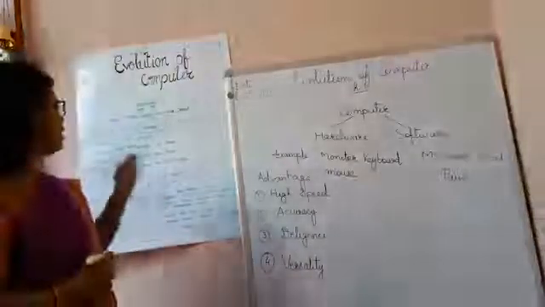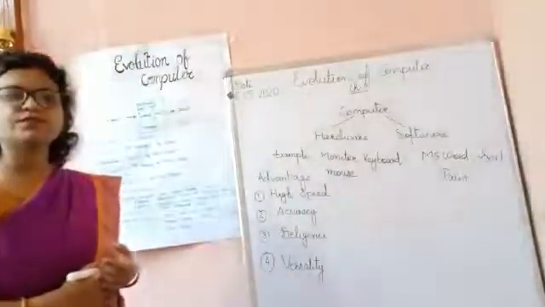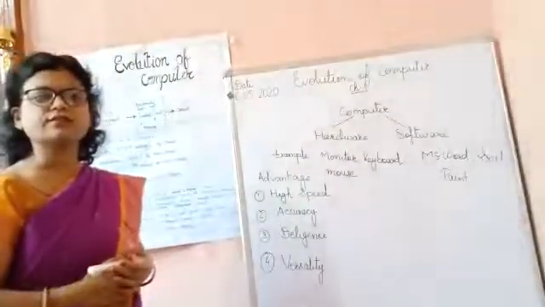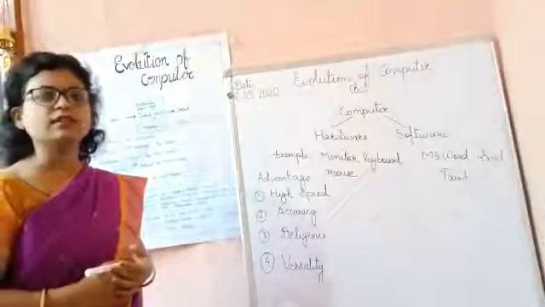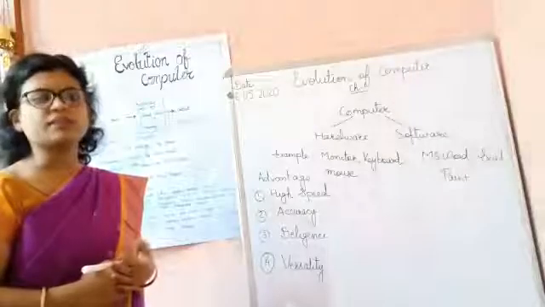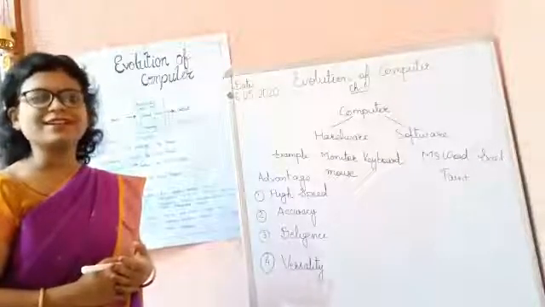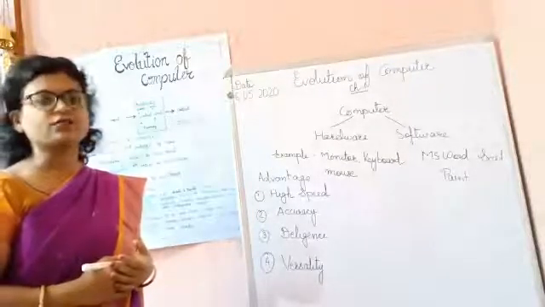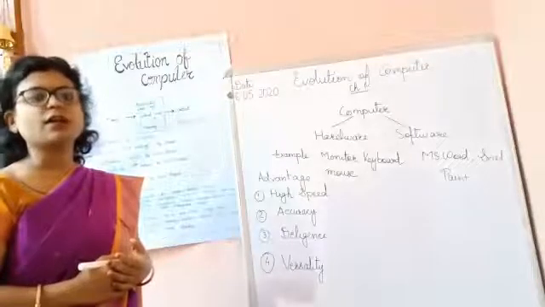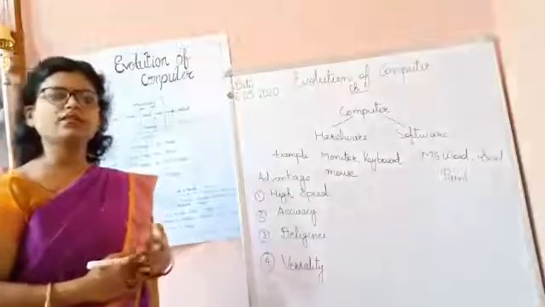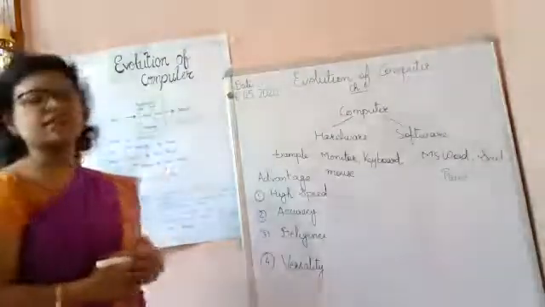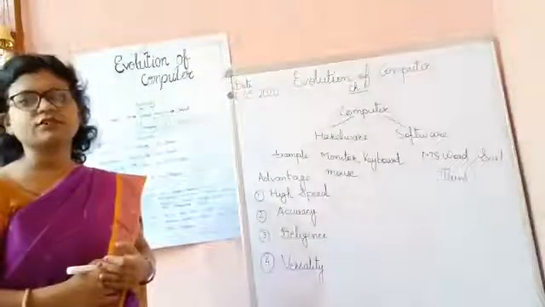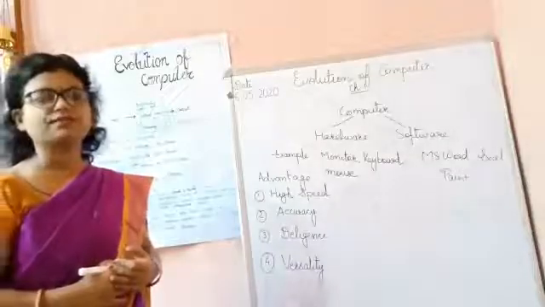So he invented the Pascaline, a faster calculator, but again it fails because it also does only addition as well as subtraction. Multiplication and division it cannot do. So again it fails, and Blaise Pascal's work is incomplete.